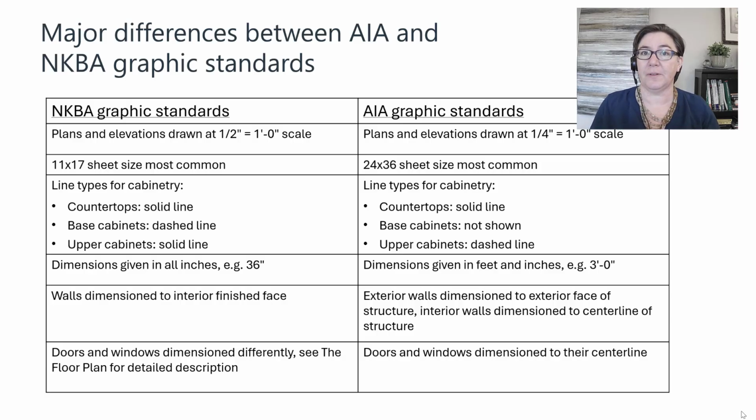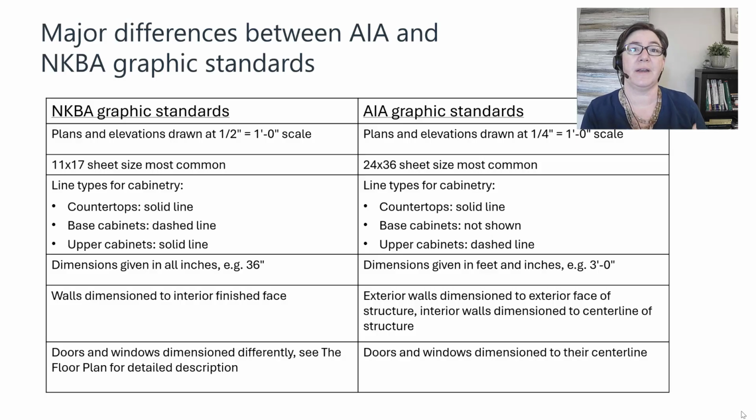The dimensions are also different between the two standards. AIA dimensions are given in feet and inches, for example, 3 feet 0 inches. NKBA gives dimensions all in inches. That would be 36 inches, not 3 feet 0 inches. Also talking about the dimensions, AIA will dimension exterior walls to the exterior face of structure, face of stud perhaps, and the interior walls to the center line of structure.